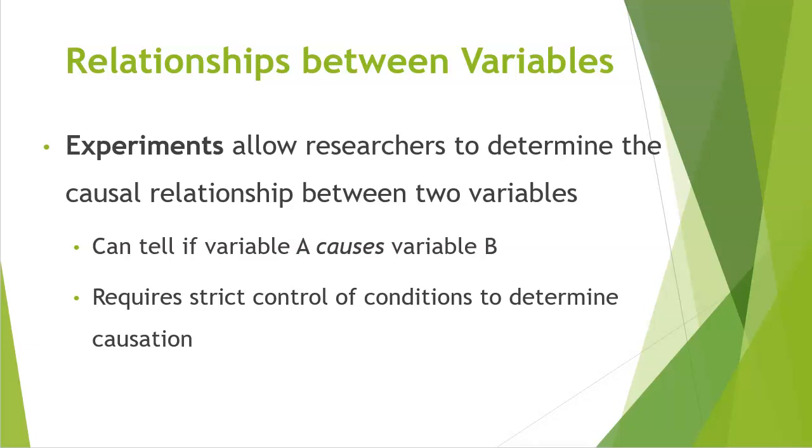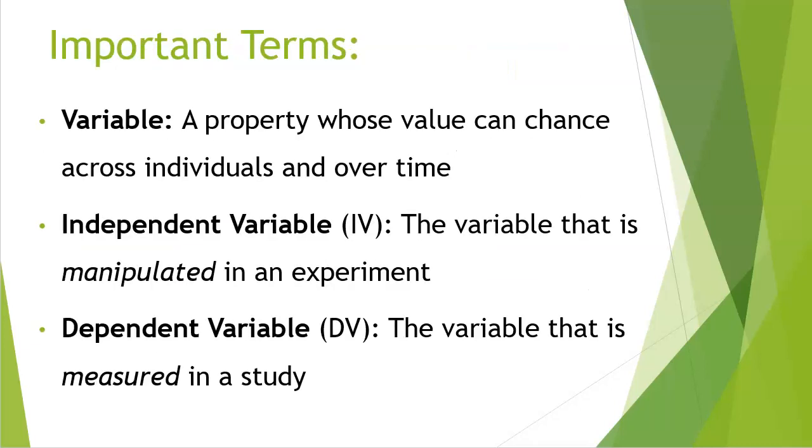Experiments allow researchers to determine the causal relationship between two variables, and we do this by using strict controls of conditions. So you have to be very strict about what you do.